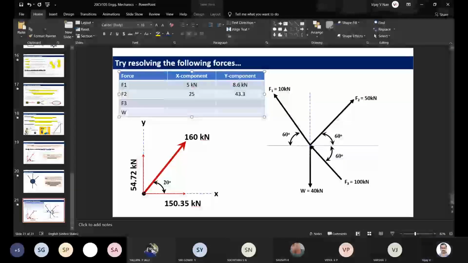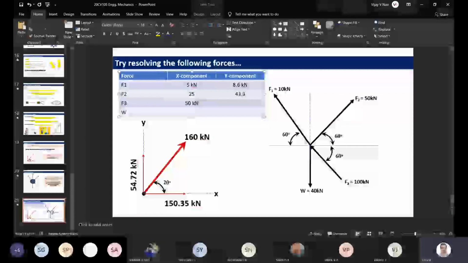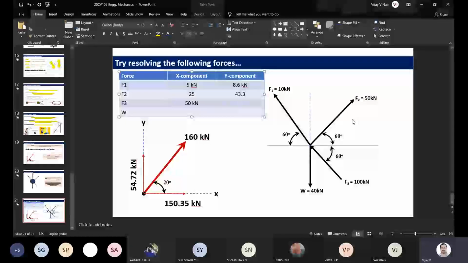X component is 50. Y component minus 86.60. Okay.